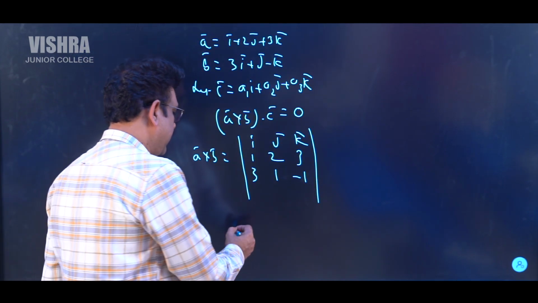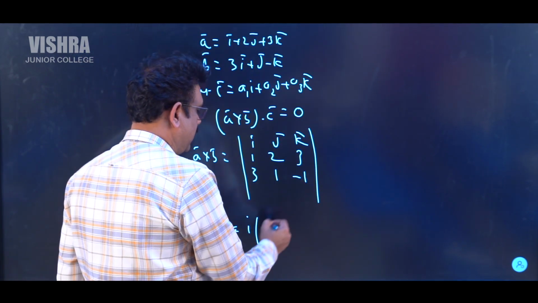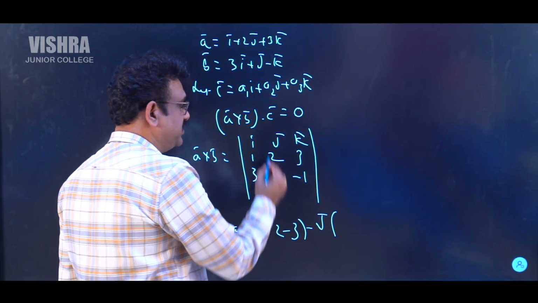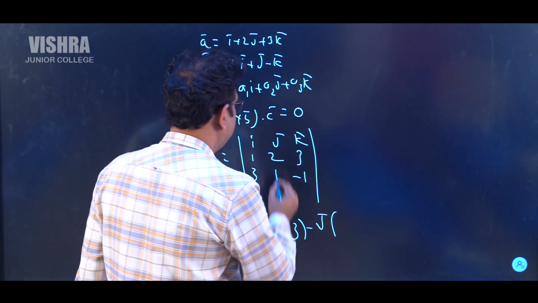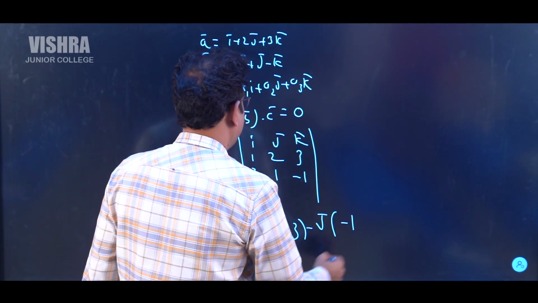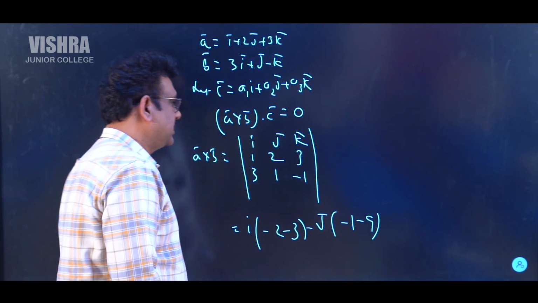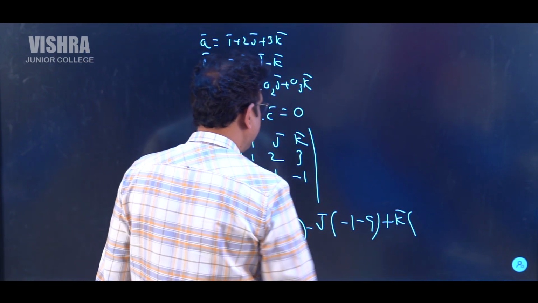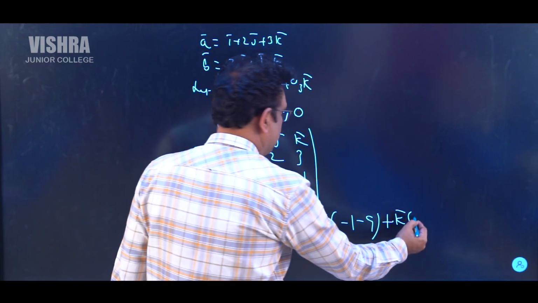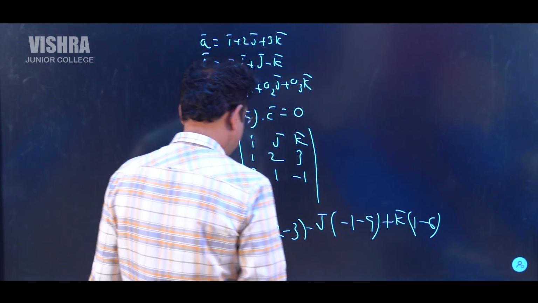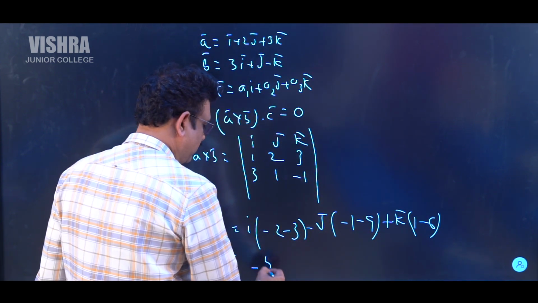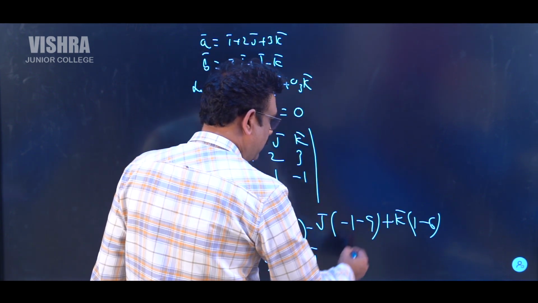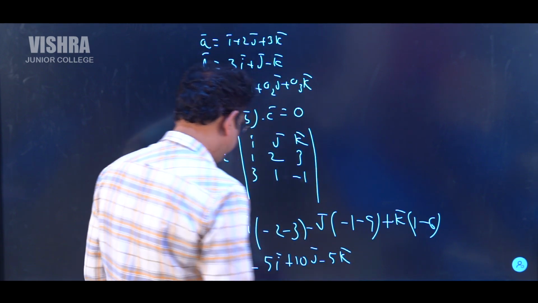So that is equal to I bar into (minus 2 minus 3) minus J bar into (minus 1 minus 9) plus K bar into (1 minus 6), that is equal to minus 5 I bar plus 10 J bar minus 5 K bar.